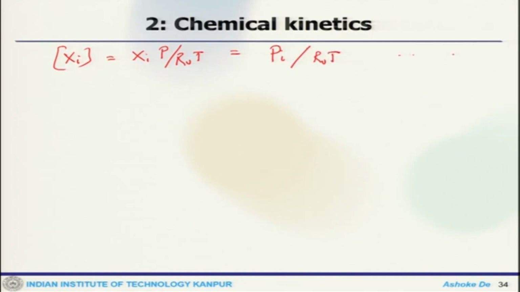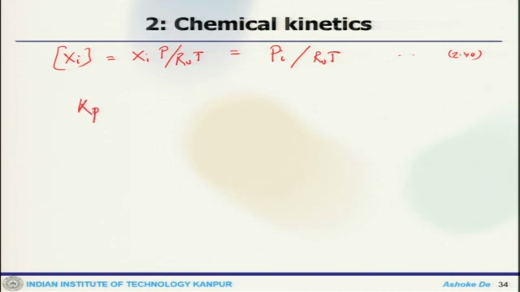So, here the molar concentration is actually connected with the partial pressure and the mole fraction. Now, we can define the equilibrium constant based on the molar concentration, like Kc related to Kp.